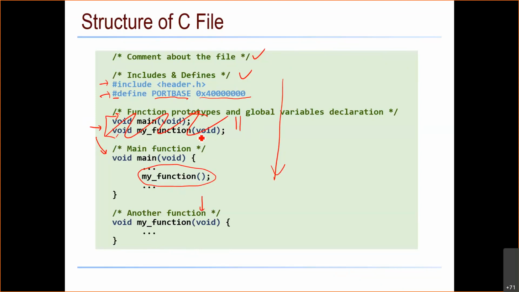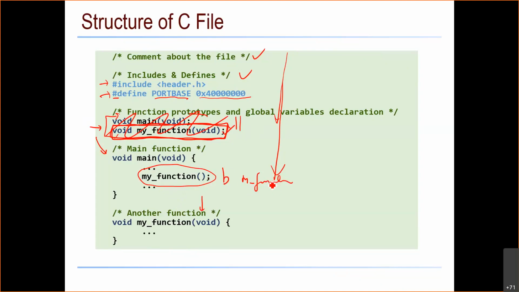So in order to introduce that to the compiler first, we put it here. We call this a function prototype. When the compiler compiles from top to bottom, it will see this first and say, oh okay, there is a definition for a function called my function. So later when I see my function, I know it's a function call. When the compiler sees this, it will say, okay, this will be replaced by a branch to my function.